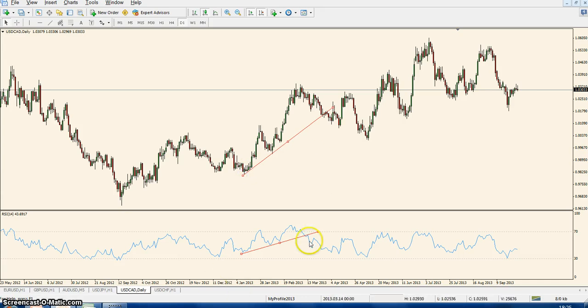The line is broken here, so my entry will be here, which aligns with the close of this candle here.